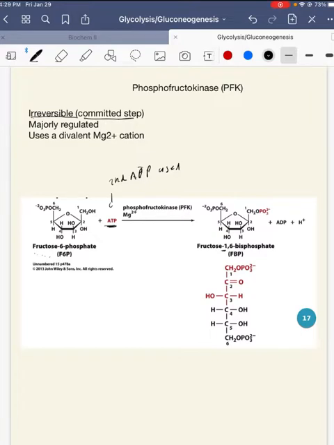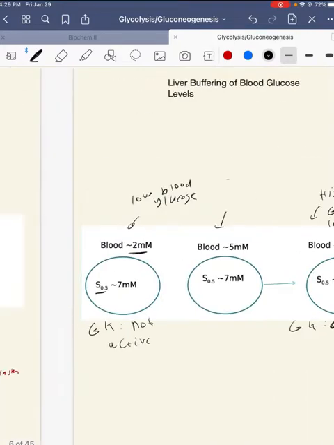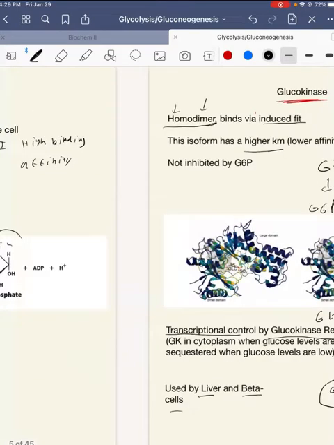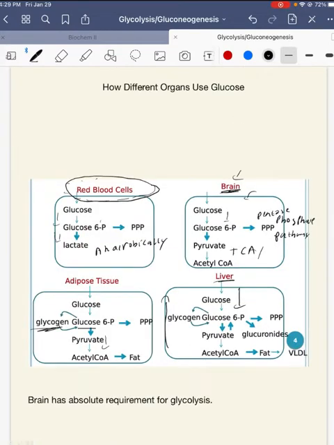Enzymes can be irreversible, but usually only one enzyme is the committed step in a pathway. Hexokinase, which we talked about earlier, is an irreversible step, but it's not a committed step, right? Because, let's go back, this glucose 6-phosphate can go into other pathways. Once we go through hexokinase, our glucose 6-phosphate can end up in the pentose phosphate pathway.